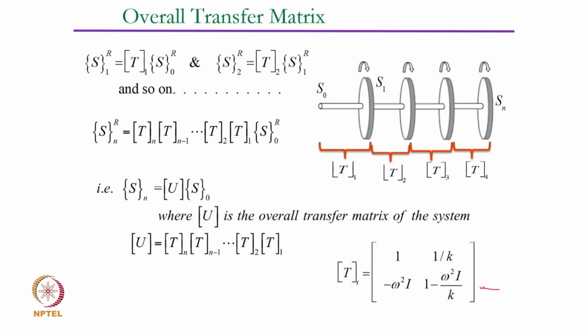Now you can see that this individual transfer matrix, what are the elements of this individual transfer matrix? It is the torsional stiffness of that segment, and the inertia property, right? Now this K and I, these are all the properties that you will anyway be knowing about your system.